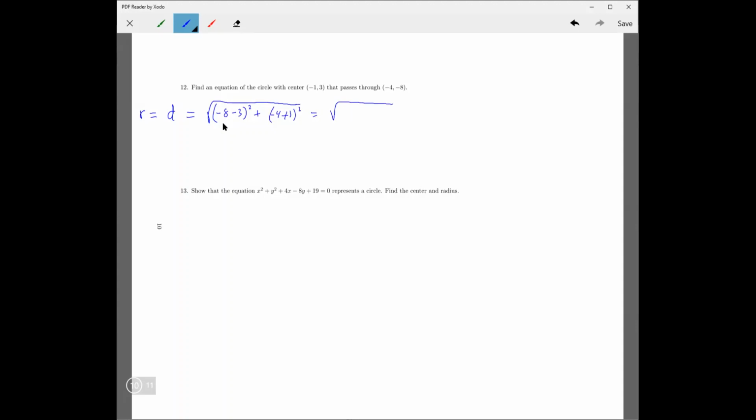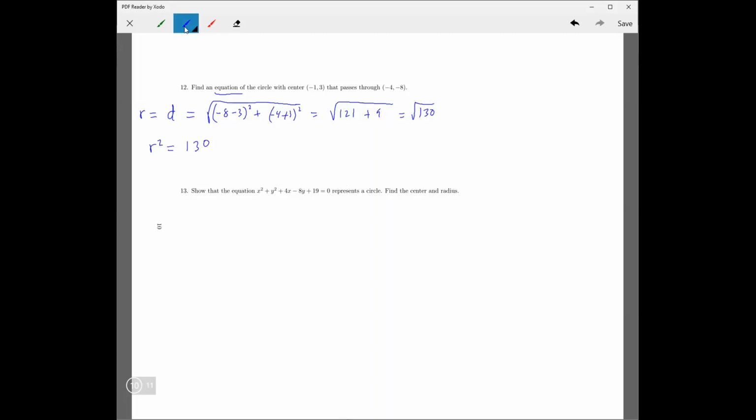So here I get -11, but squared is going to be 121, and then here I get -3, but squared is going to be 9, equals the square root of 130. So the radius is the square root of 130, but really when you're writing an equation of a circle, you want to put the radius squared, which is 130. Okay, so if this radius is the square root of 130, then the radius squared is 130.